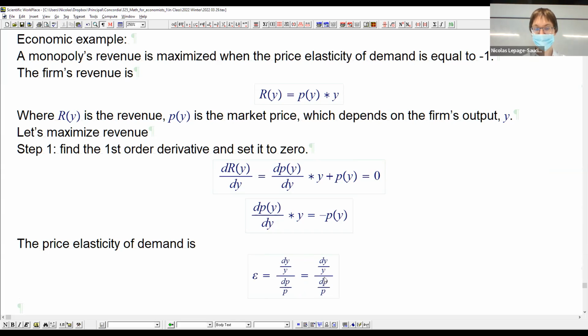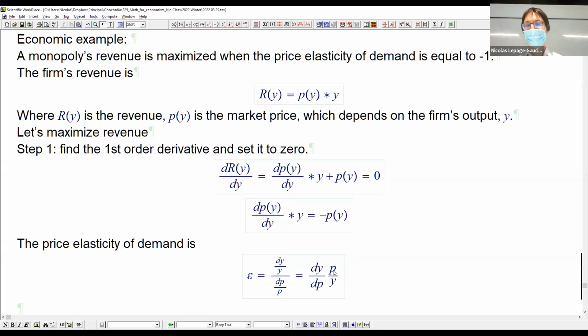So it's like dy over dp times p over y. Right, so I've just multiplied by p and divided by y, and then I get this expression.